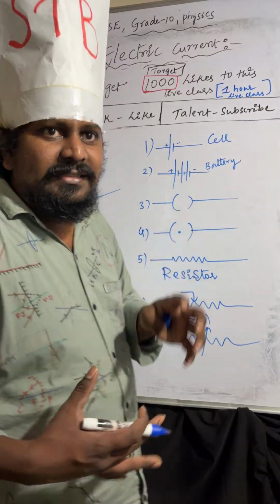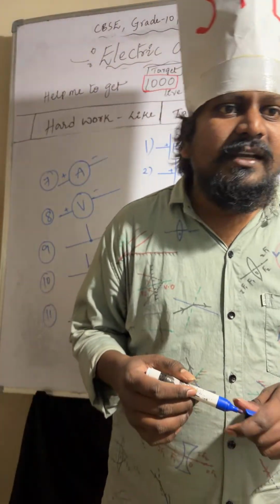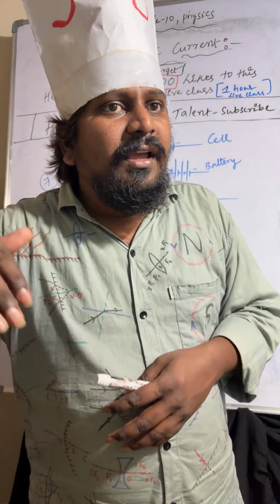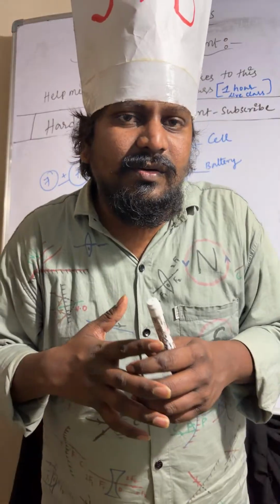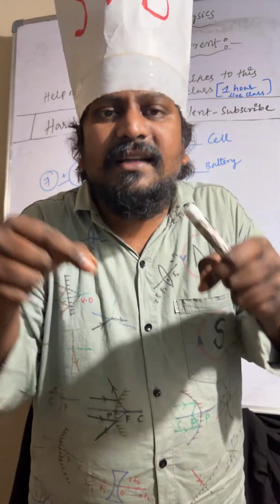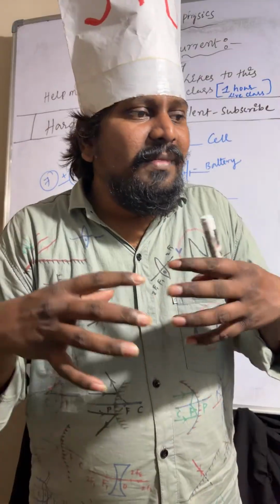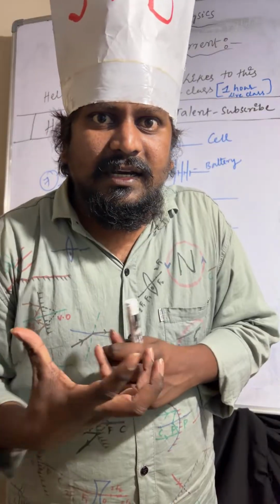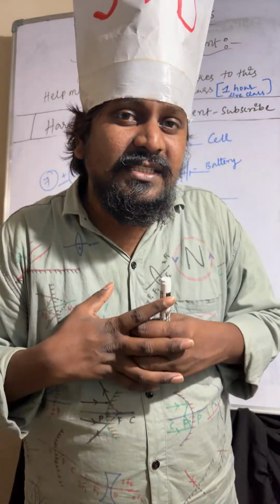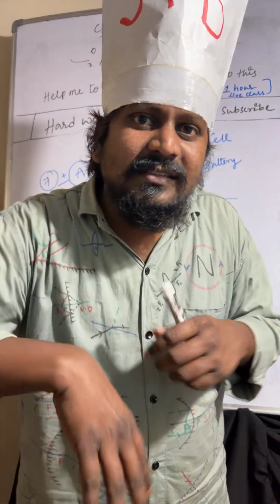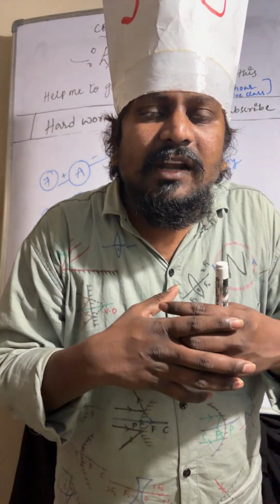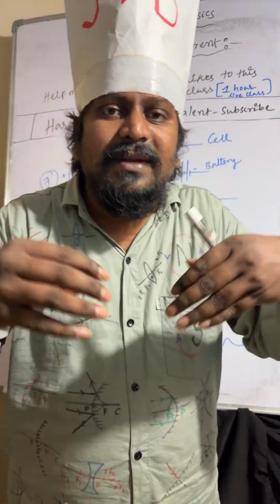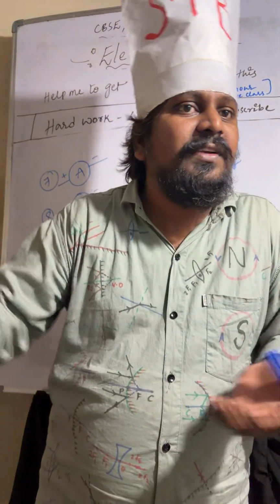Ammeter is used to measure the current. Voltmeter is used to measure the potential difference. If the current is passing in the circuit, ammeter must be connected in series. Ammeter has a fixed reading, it measures the current. Coming to voltmeter, it measures the potential difference. If you connect voltmeter in series combination, it will not show any reading because some difference must be there. In series combination, no difference.